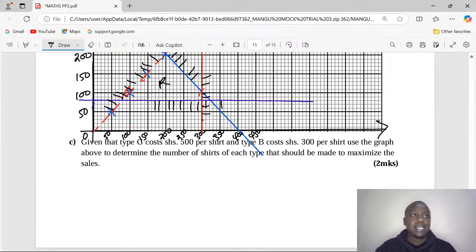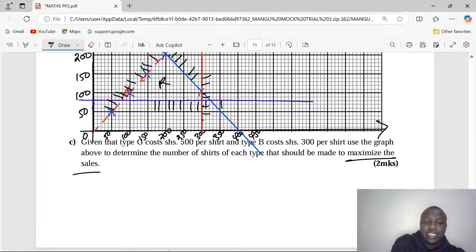So the last marks now are saying this: given that type G costs 500 per shirt and type B costs 300 per shirt, use the graph above to determine the number of shirts of each type that should be made to maximize the sales.